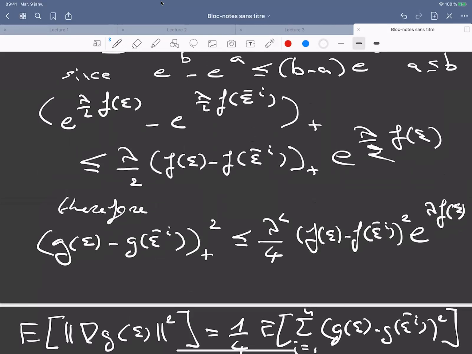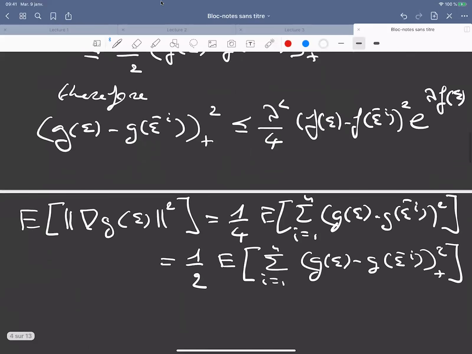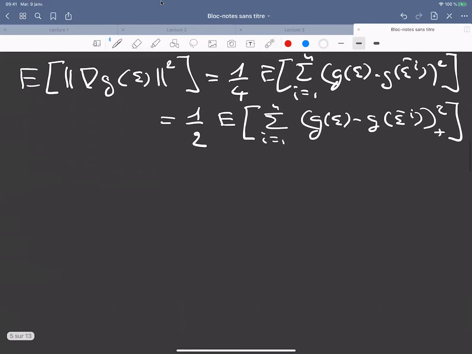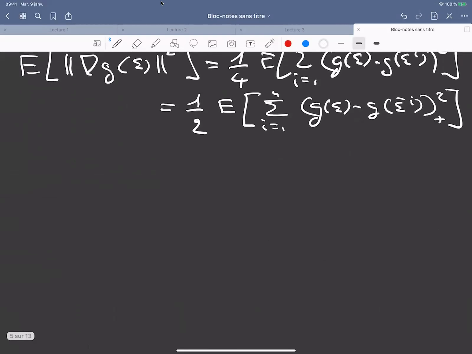And at point epsilon bar I, this is not the thing that we want because this guy is changing all the time. It changes with the coordinates. And we want something which is fixed in order to apply afterwards Herbst's argument. So this is a nice trick to look at the positive part. And this is a symmetric argument which allows us to say that the positive part is enough. So we have used this positive part.